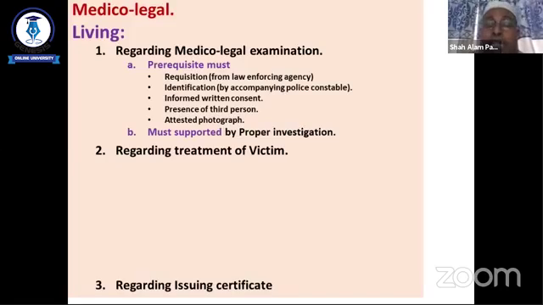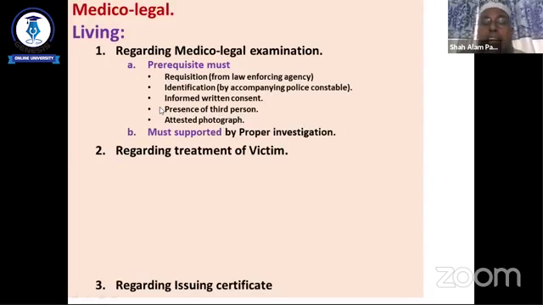Presence of a third person. If the victim is female, then a female third person, and if the victim is male, then a male third person. This presence of a third person is for the sake of the doctor.